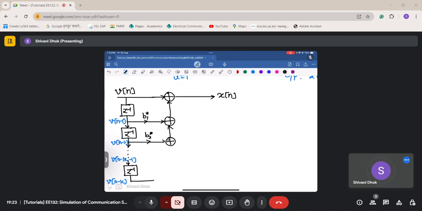Okay. And then this will get multiplied by B of k conjugate, and these things will get added. So basically we'll have something here which is like this.